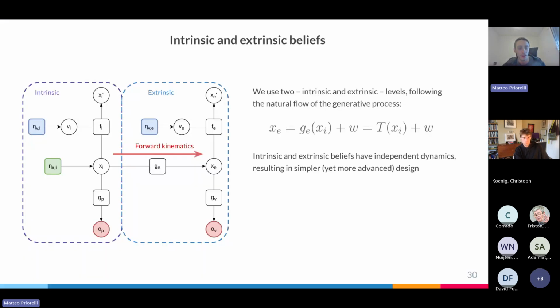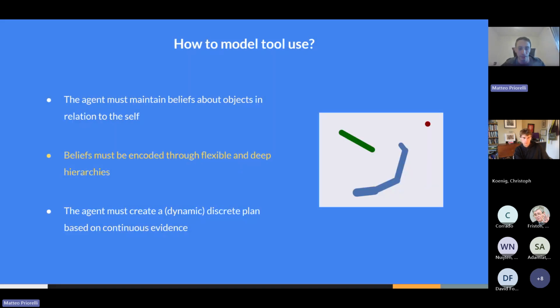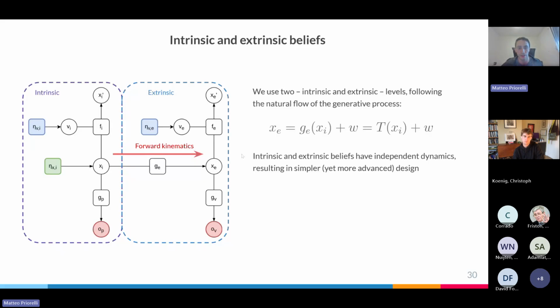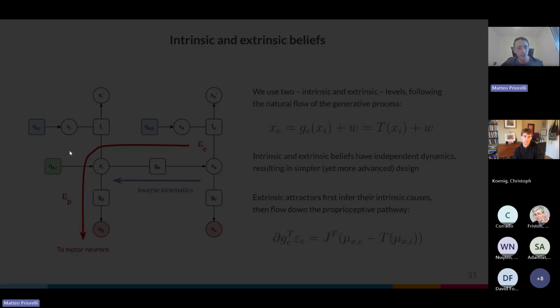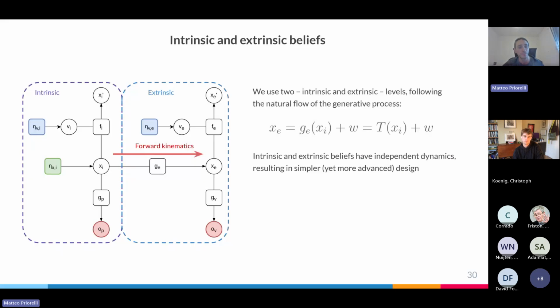But with the second point, we lost the ability to maintain beliefs about Cartesian positions. So what we do now is to consider a hierarchical model in which we follow the natural flow of the generative process. You see here an intrinsic level which encodes the body angles, and an extrinsic level encoding the hand position.